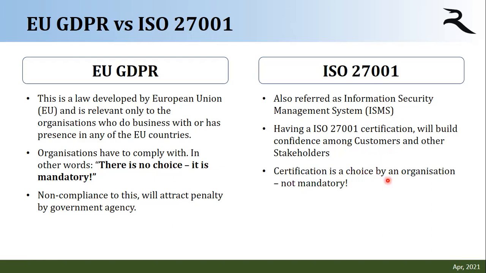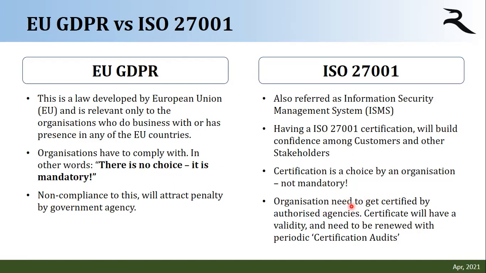And as I said, certification is a choice. It's not mandatory. You may not have an ISO 27001 certification, but your processes and procedures could be absolutely rock solid. That's possible. But the question is, how will you authenticate that? Who's going to say that? We ourselves saying that, oh, my systems and procedures are great, that's no big deal, anyone will say. So how do you manage that perception is the difference.